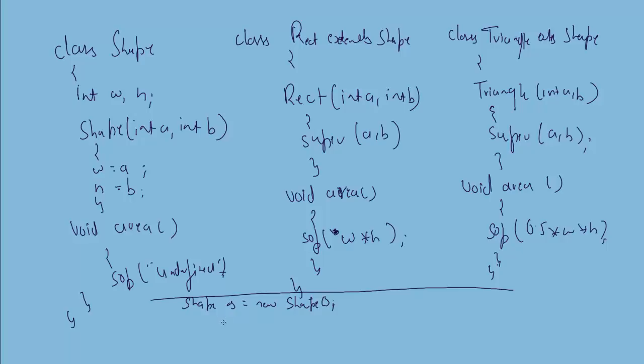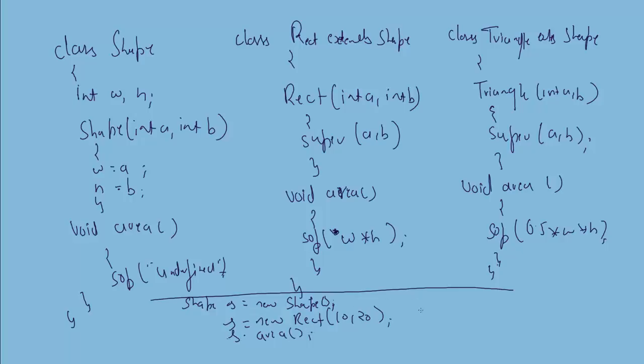But I can definitely say S is equal to new rect and pass 10 comma 20. So 10 and 20 will be passed to A and B. Immediately it will invoke the superclass. From the superclass it will assign the values we have passed to W and H. Now when I say S dot area, the respective area will be invoked.